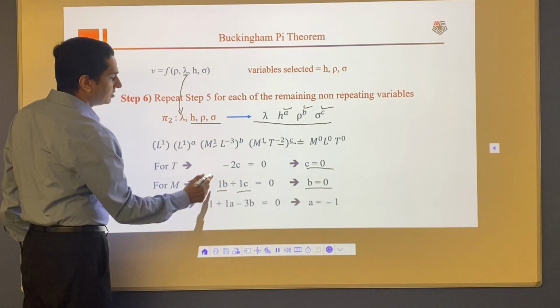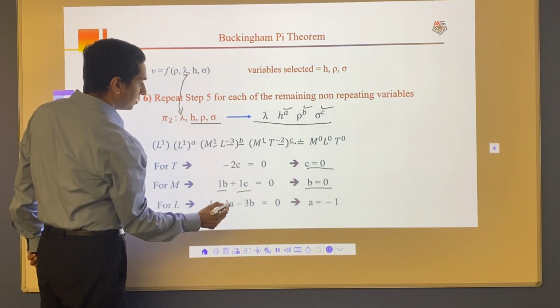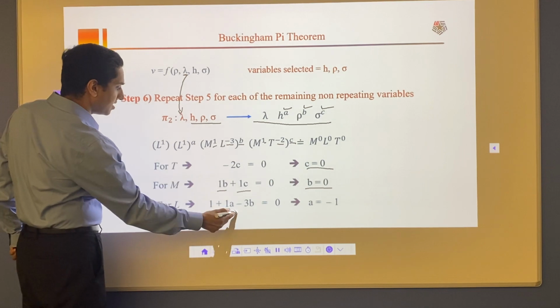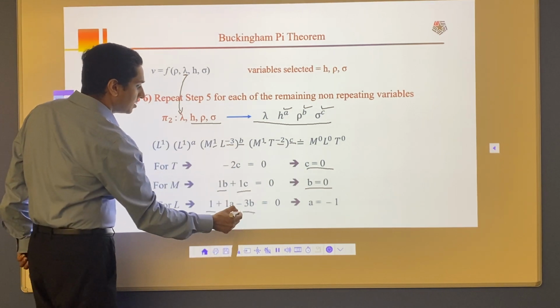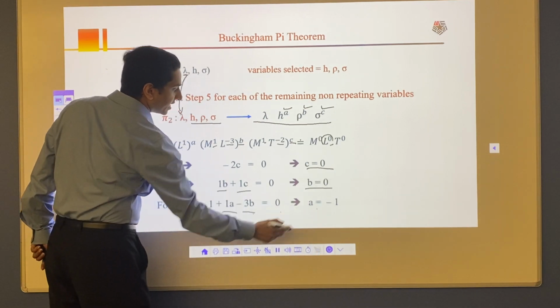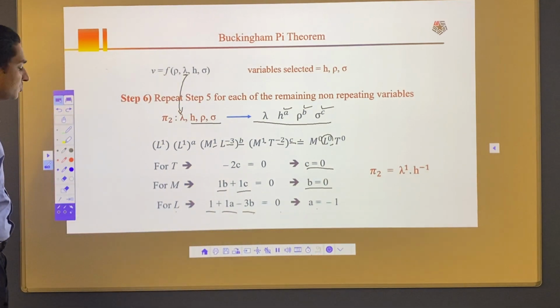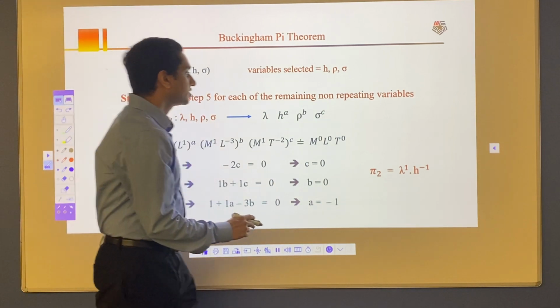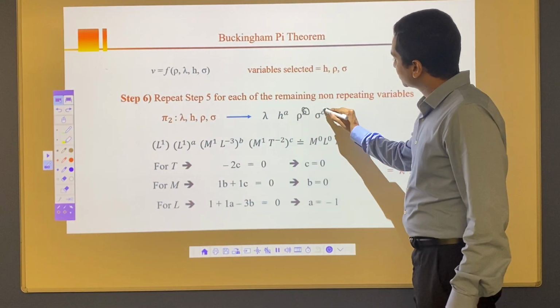And then finally L. I have L here, that's minus 3b. I have L here, so 1 first, and then 1a, and then minus 3b is equal to 0, so you will get a is equal to minus 1. And then you can put these values of a, b, c here. So this becomes 0, this becomes 0.